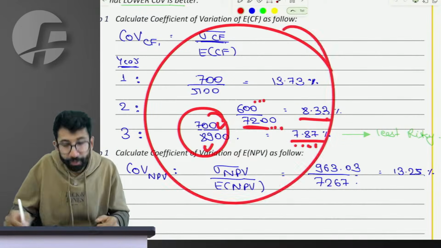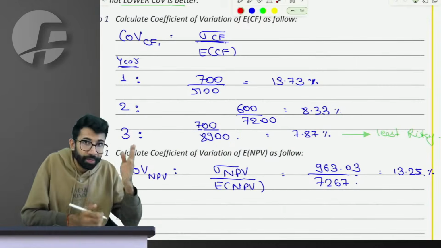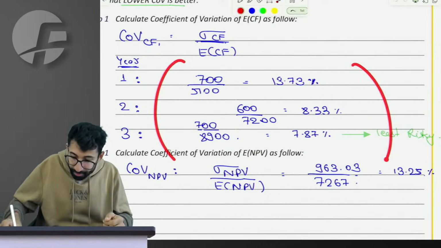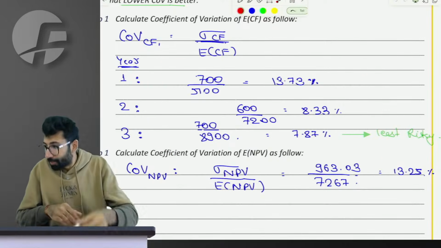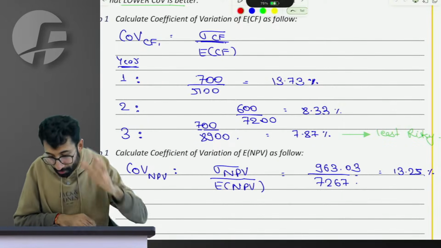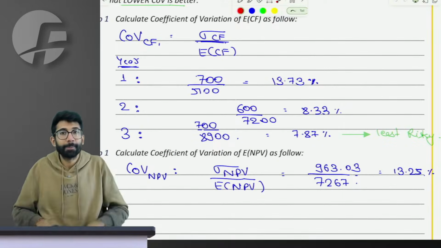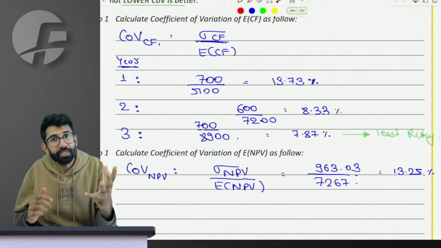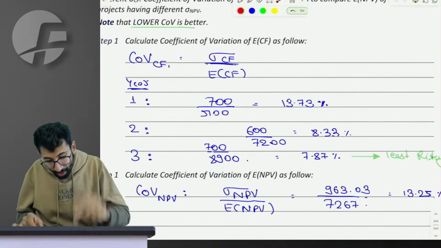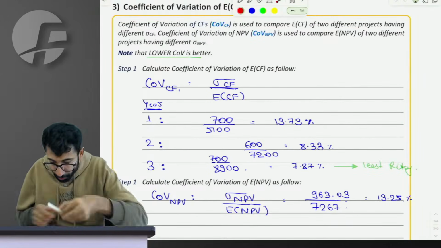Could you realize that coefficient of variation gives you a better conclusion than the standard deviation or the expected cash flows in isolation? Our perception of most risky and least risky changed after we learnt coefficient of variation.